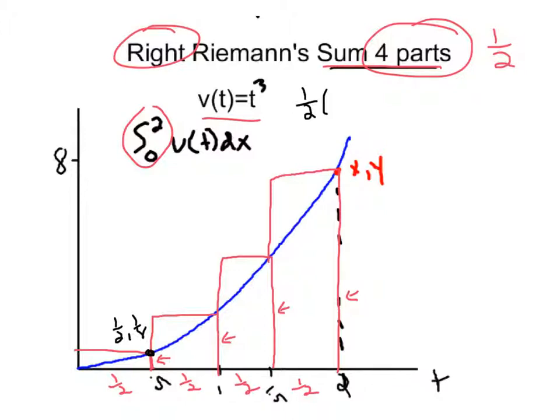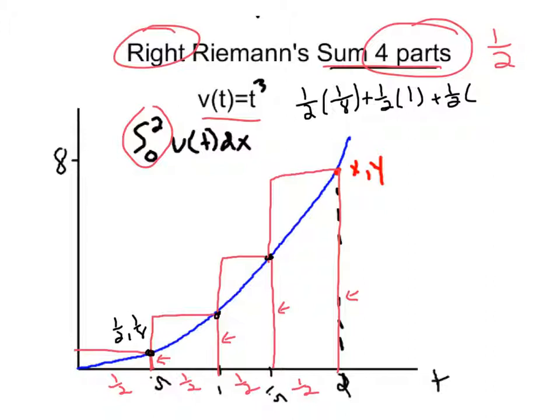So the first rectangle is 1/2 times 1/8. I'm going to add to that the area of the second rectangle, which is 1/2 times the height right here, which is 1, plus the third rectangle, which is 1/2 times the height right here.